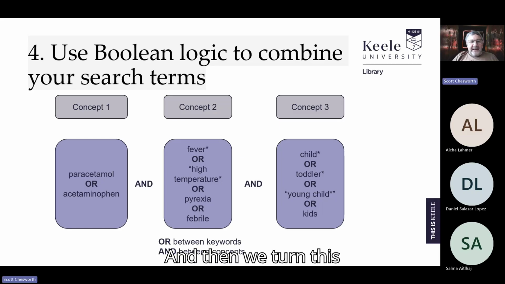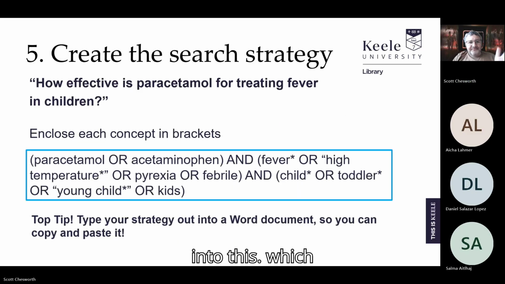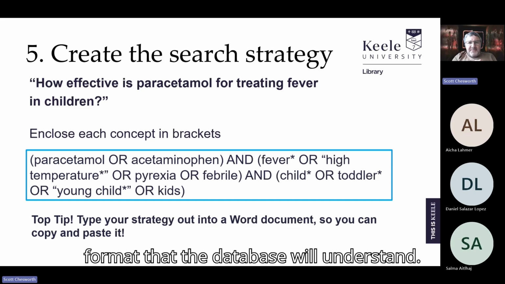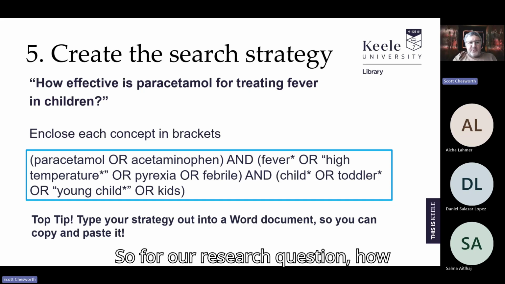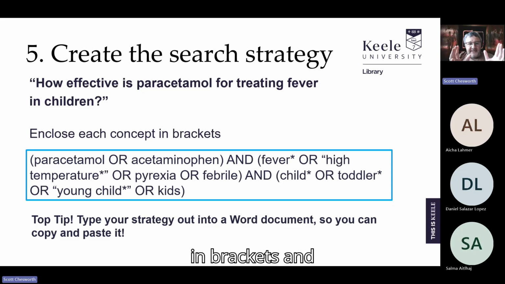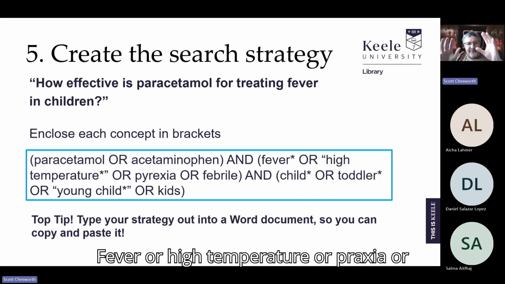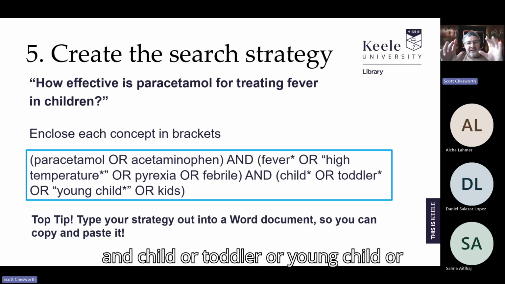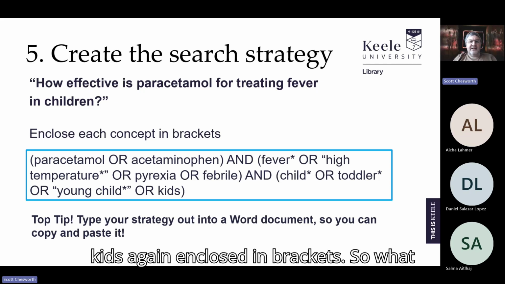And then we turn this into this, which is our search strategy, our search string, in a format that the database will understand. So for our research question, how effective is paracetamol for treating fever in children? We have created this string: paracetamol OR acetaminophen enclosed in brackets, AND fever OR high temperature OR pyrexia OR febrile enclosed in brackets as well, AND child OR toddler OR young child OR kids, again enclosed in brackets.